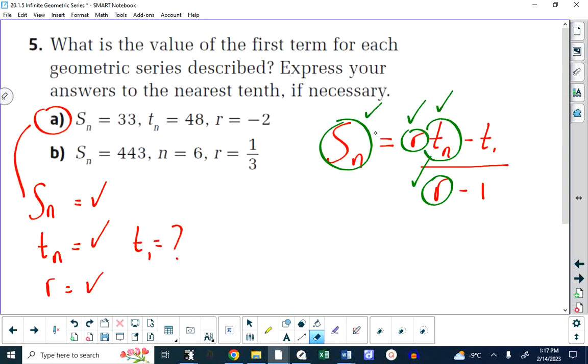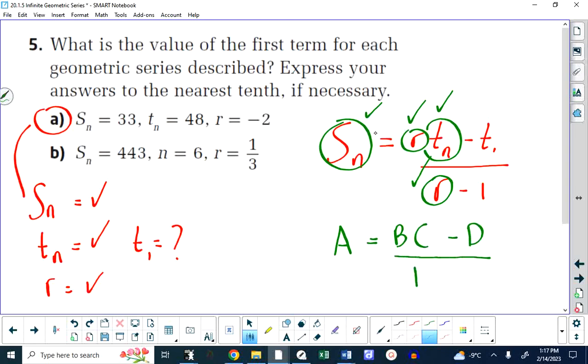I could have given you this equation and told you that A is 33, B is negative 2, C is 48, and asked you to find D last year in Math 10. What we've done is we've turned this equation into a math problem, not into a sequences and series problem, into just a regular math problem.